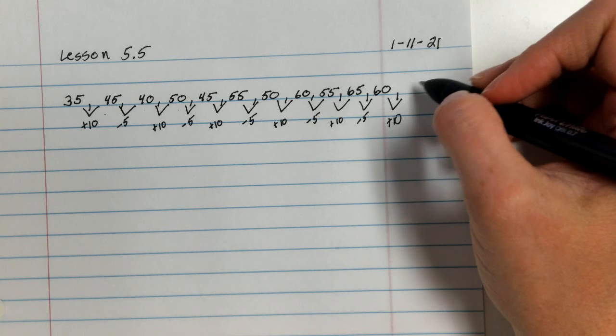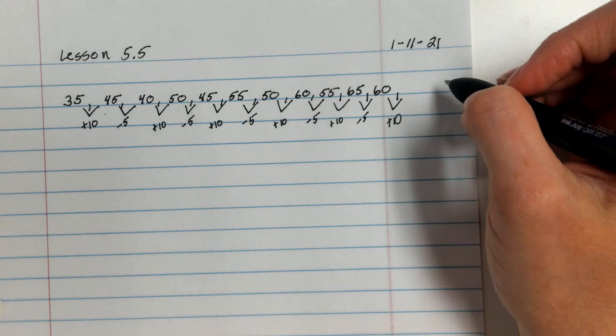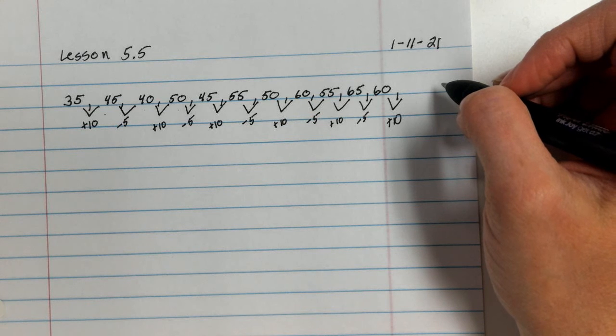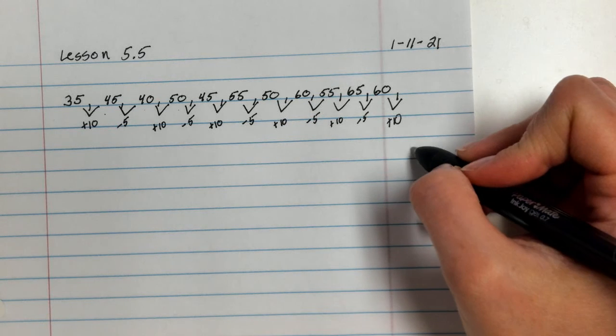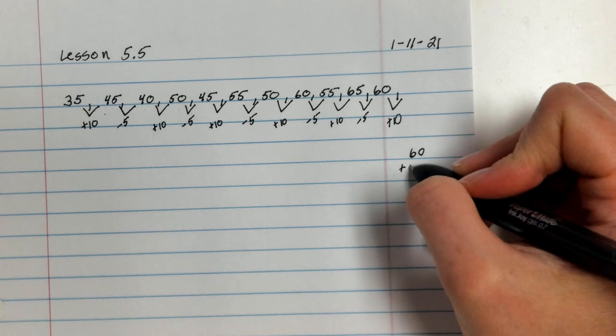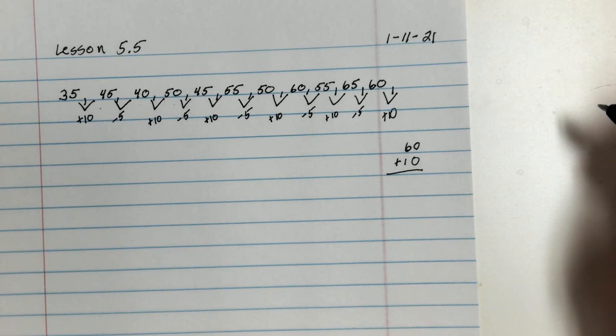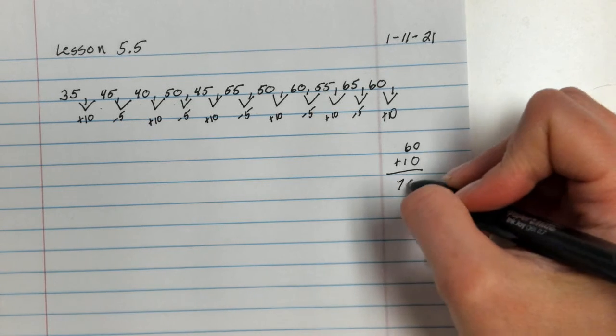Now if I add 10 to 60, 60 plus 10 is 70.